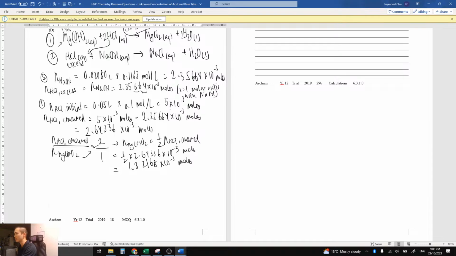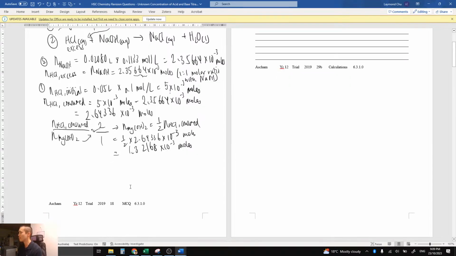The long multiple choice, as I said at the start. Mass of Mg(OH)2 is equal to moles times molar mass, which is 1.32168 times 10 to the negative 3 moles, times the molar mass of Mg(OH)2, which is 24.31 plus 2 times 16 plus 1.008.